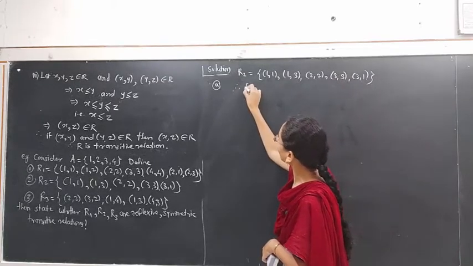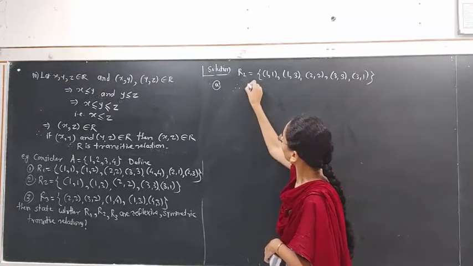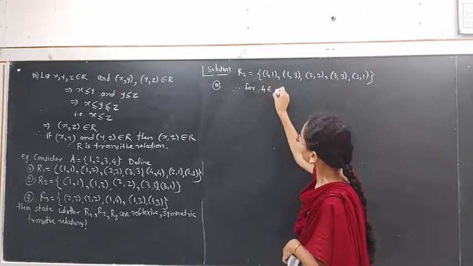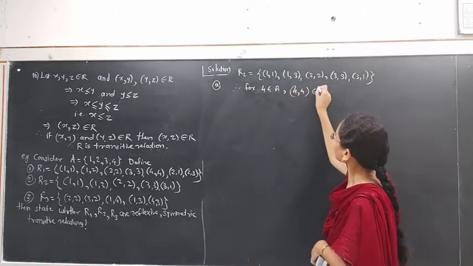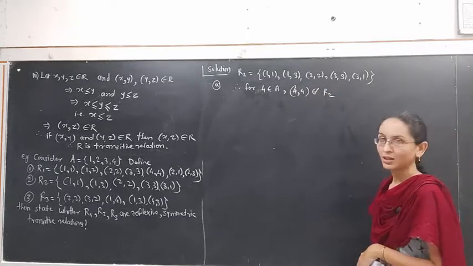Therefore, for 4 belonging to set A, the ordered pair (4, 4) does not belong to set R2.